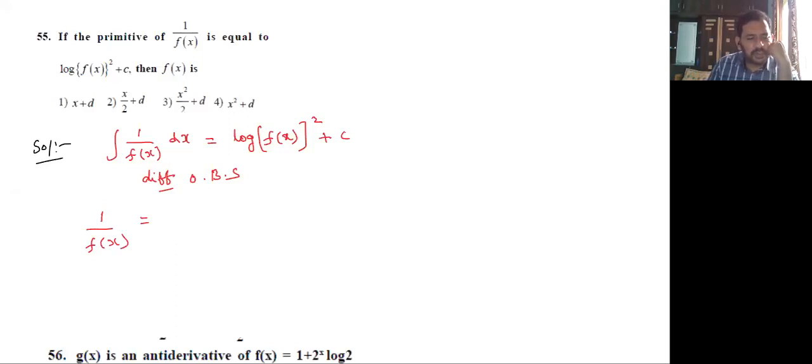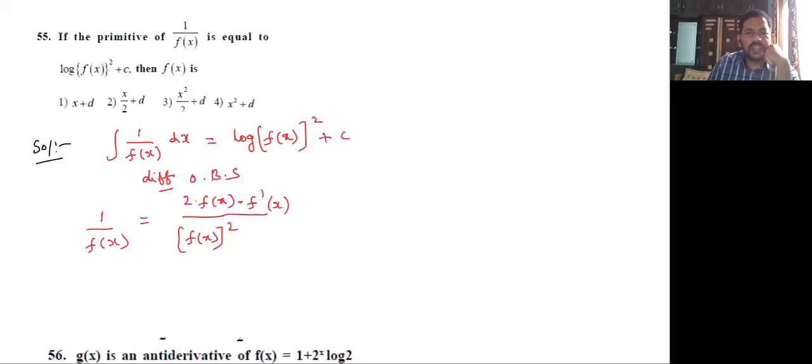First, the derivative of the logarithmic function is 1 by f of x, whole square. Internal derivative: f of x whole square gives 2 into f of x into f dash of x. Students, do you understand? Plus constant is there, and the derivative of a constant is 0.